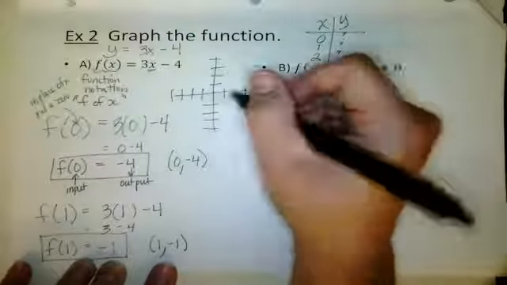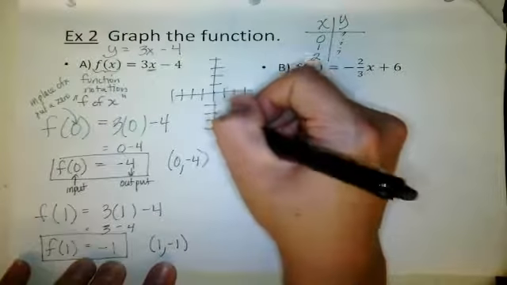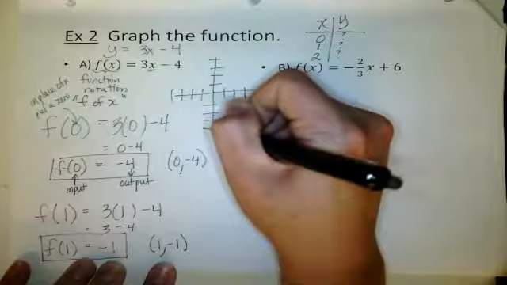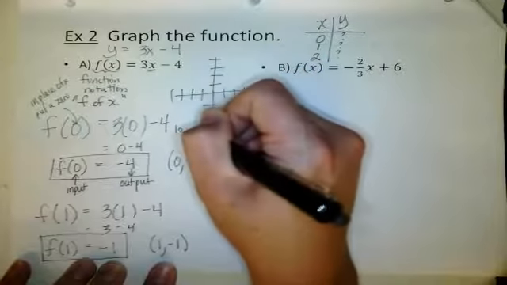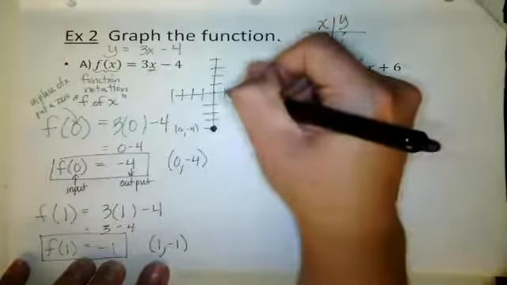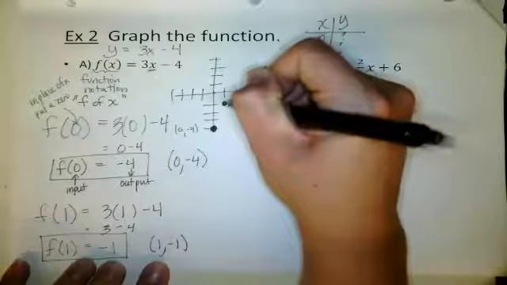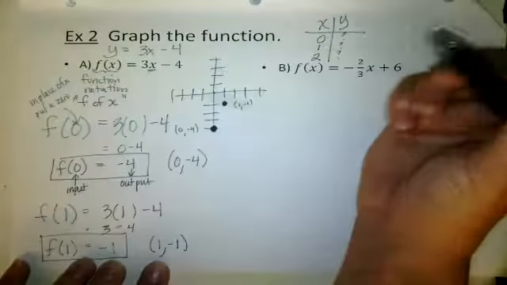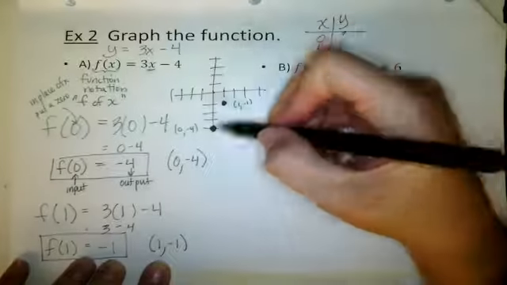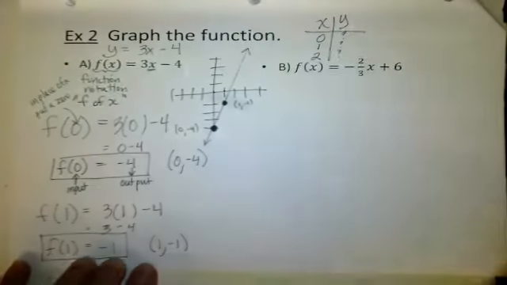I can plot these points. 0, negative 4. 0 on the x-axis. 1, 2, 3, 4 down. 0, negative 4. And then 1 on the x, down 1 for y. 1, negative 1. So there's my 2 points. And I can connect those with a lovely little line there.